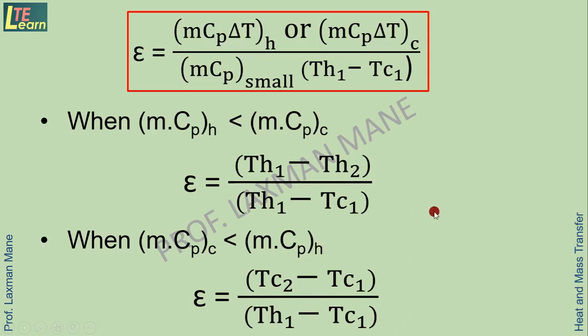In order to remember, you can see that in both formulae the denominator is the same. In the numerator, in case of smaller heat capacity of hot fluid, it is the temperature difference between the inlet and outlet of the hot fluid line, and in case of smaller heat capacity of cold fluid, it is the temperature difference between the outlet and inlet temperature of the cold fluid line.